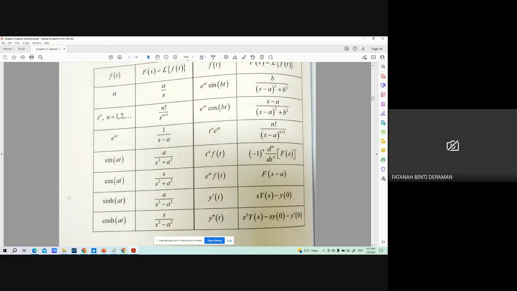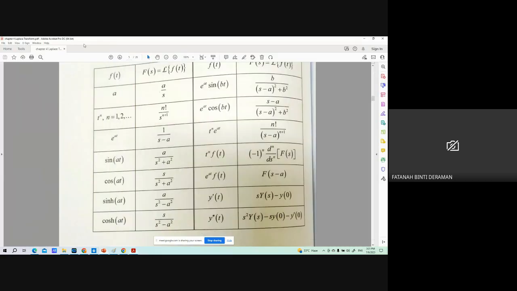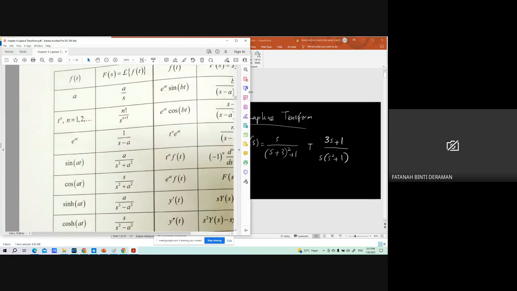Alright. So that's why you actually need to print this table. It's easier to refer to. So better to print this table.